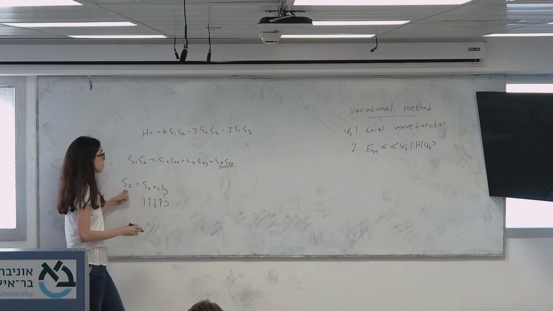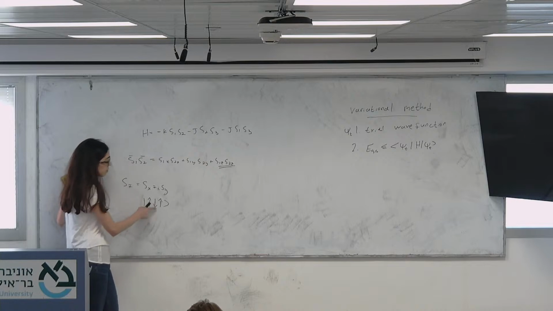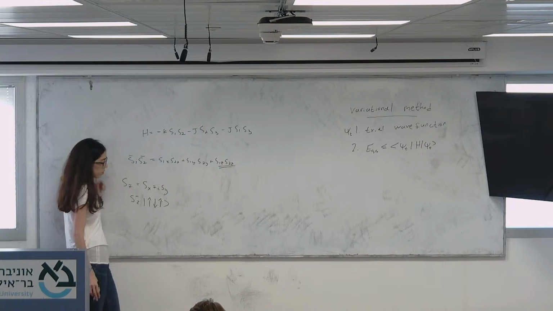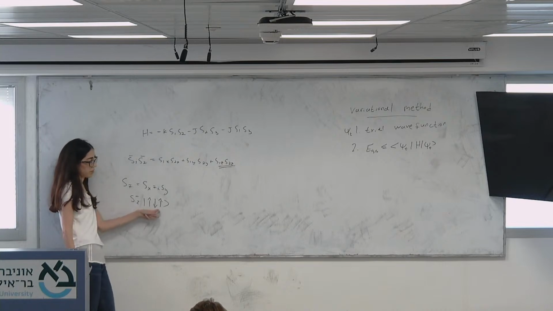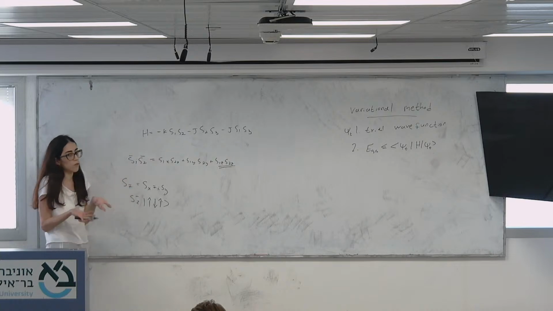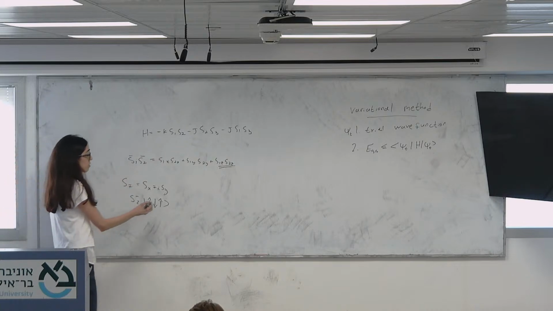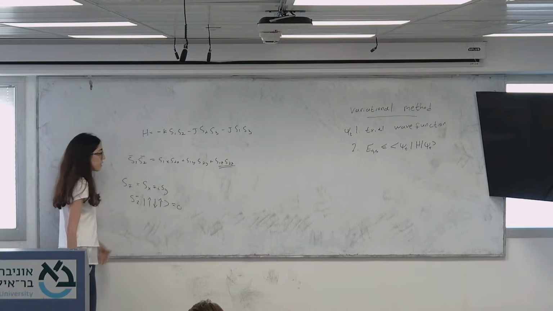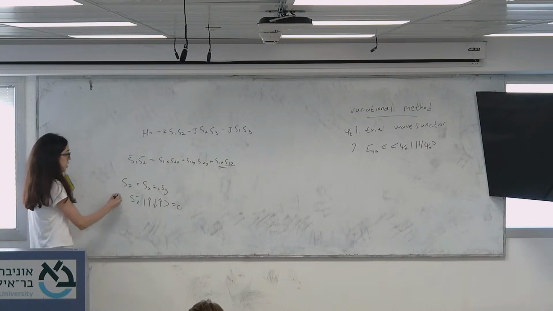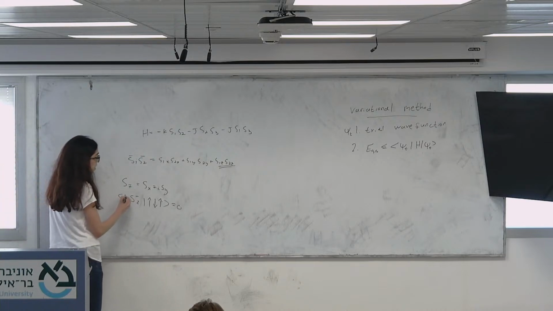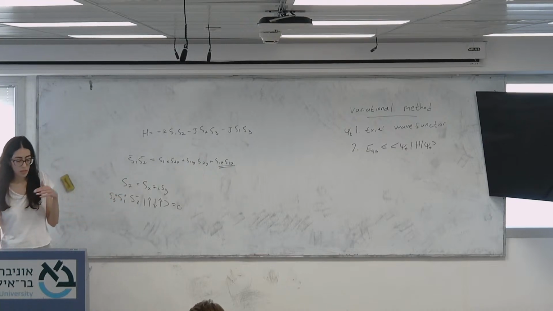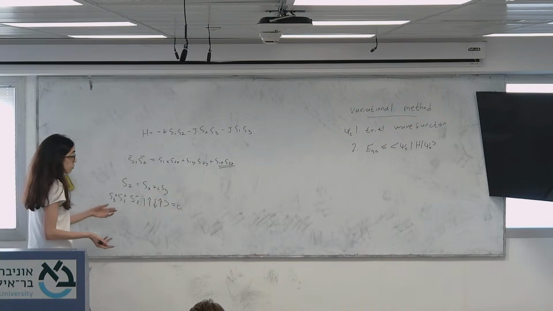But if I use S minus 2 on that state, the second spin, m2, is already minus half, so I cannot make it lower than that. So this is going to be 0. And the same thing if I use S1 plus or S3 plus.